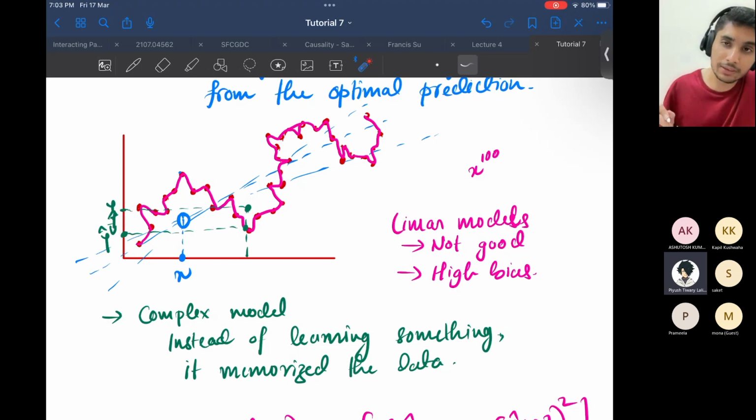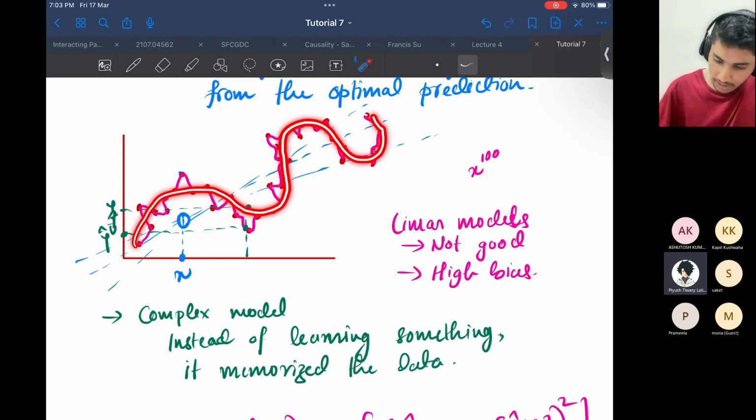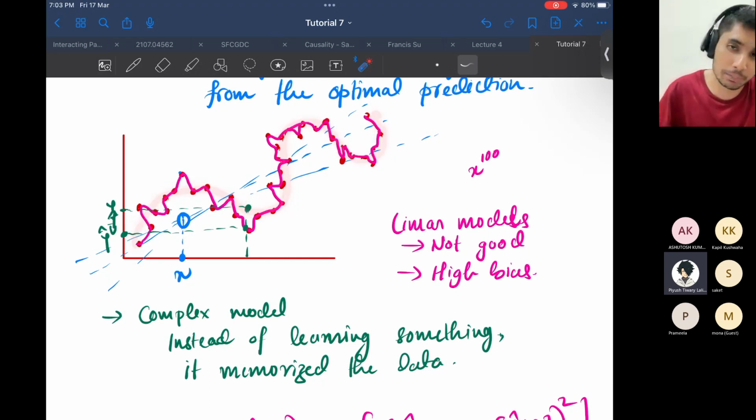If you remember, this is how I drew my data, something like this. I deliberately added some noise to show you that just memorizing the training data is not good. What was the drawback of such a model, the pink model? Because it was very high complexity, it was not able to generalize on test points.